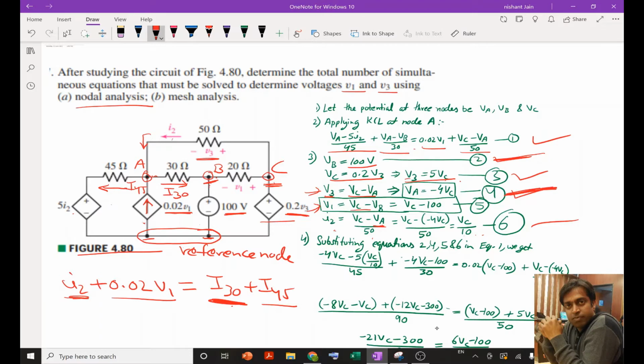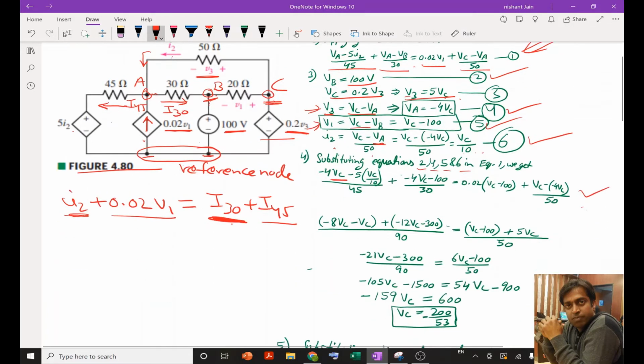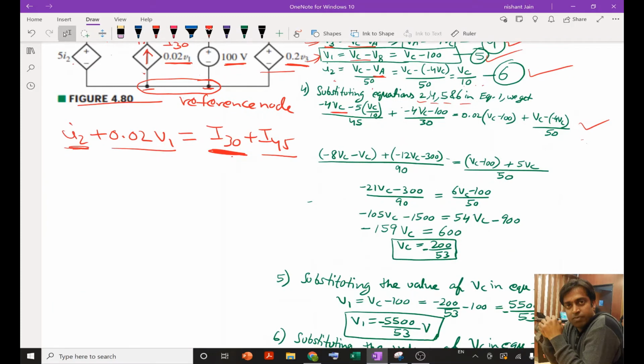Now substituting equations 2, 4, 5 and 6 in equation 1, I will get this equation. You can see that in this particular equation there is only one unknown, that is VC. If I solve this equation, I will get the value of VC as this.